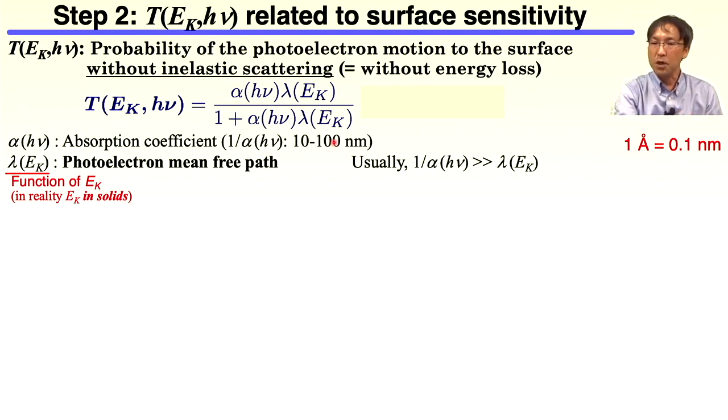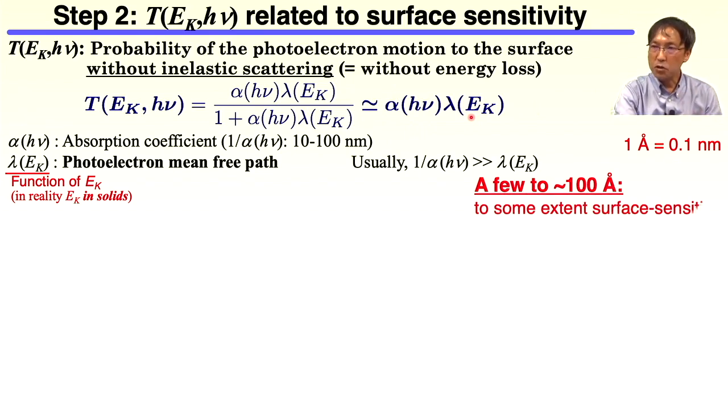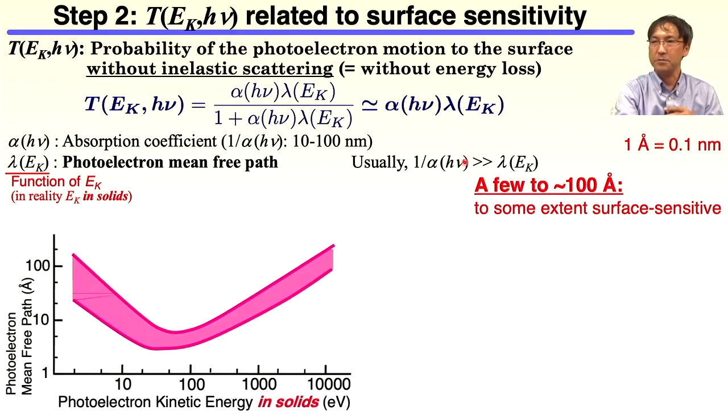Usually, the mean free path of the incident light, expressed by the inverse of the absorption coefficient alpha, is much longer than the photoelectron mean free path except for extreme conditions such as the total reflection condition. Therefore, usually the term T is expressed like this, proportional to the photoelectron mean free path lambda, which is from a few to 100 angstrom as shown in this figure.